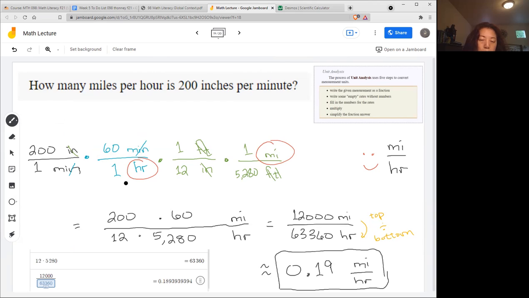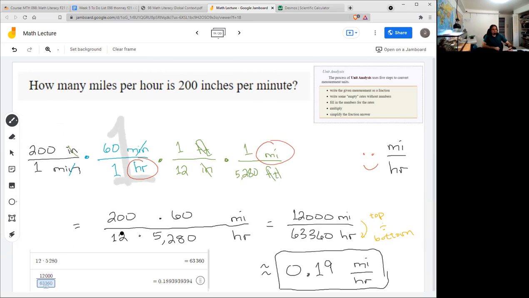So this rate, 60 minutes per hour, is actually like a fraction whose top and bottom are the same. Any fraction whose top and bottom is the same is just 1. So all of these conversion rates are really just times 1, but not written like times 1. But philosophically, that's what we're allowed to do. I'm just multiplying by 1 several times. 1 mile is 5,280 feet. It's the same thing, top and bottom, so that's 1.